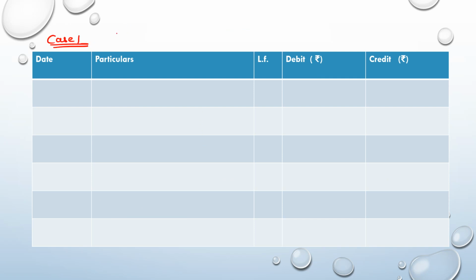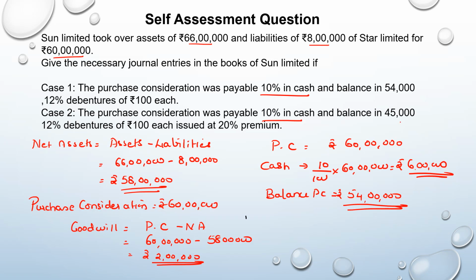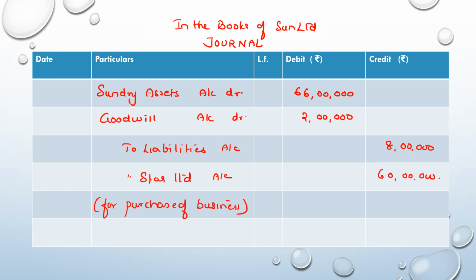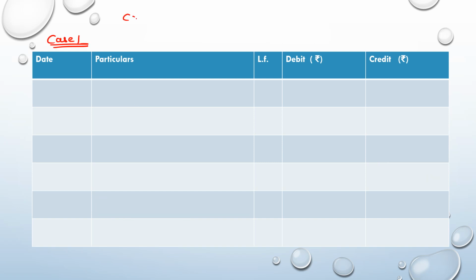In case 1, they have said 54,000 12% debentures of 100 each. So here there is a cash payment of 6 lakh and the rest of the purchase consideration is by issue of 54,000 debentures of rupees 100 each. That is 54 lakh. So what is the percentage of debentures? It was 12% debentures.